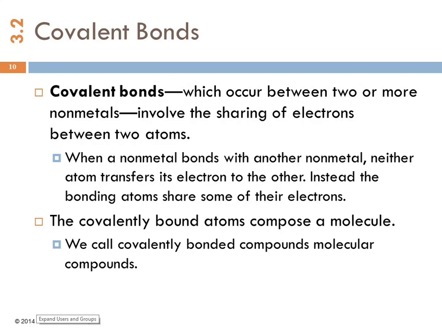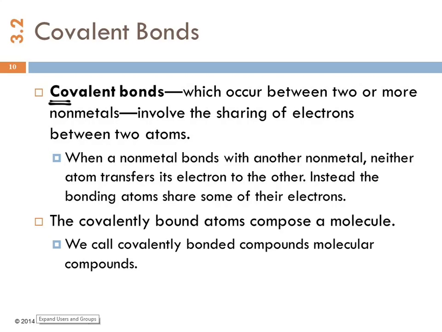The other kind of bond is covalent. This prefix co means sharing, right? So a covalent bond involves sharing of electrons. Covalent bonds occur between two or more nonmetals.